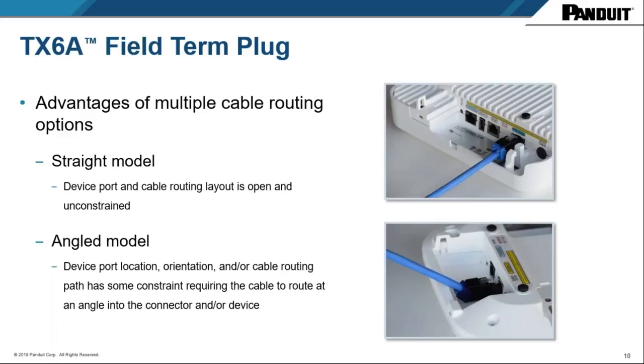But many times, as we can see in the bottom picture, there's a need for either because of the device port location, the orientation of that port within the device, and or the cable routing path that's dictated by the device itself, it can have some constraint which requires the cable to route in at an angle into the connector and or the device. And that's where you use an angled product. And we see, again, quite a bit of variation in the market with devices like cameras, for example.